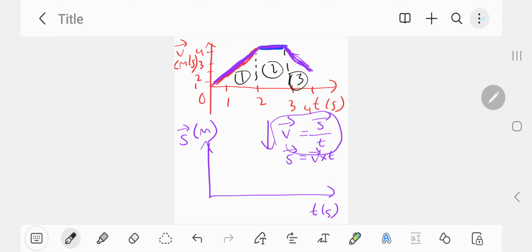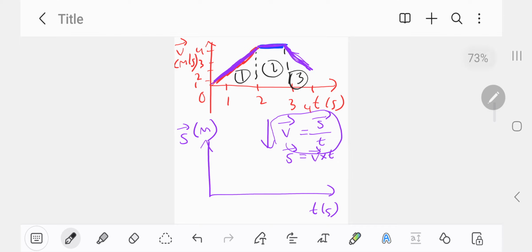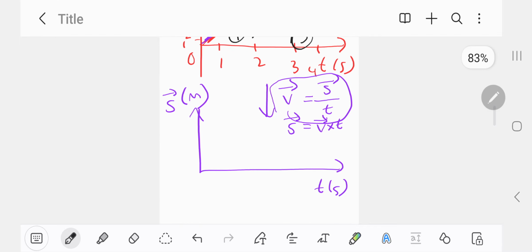Okay, if you look here at the first triangle, your displacement is velocity times time. It's the area under the triangle. Let me do it down here.